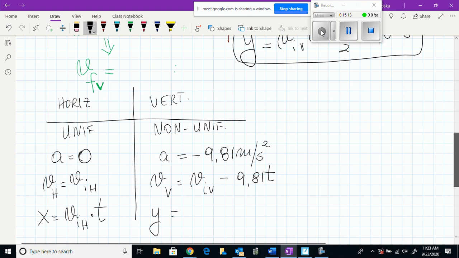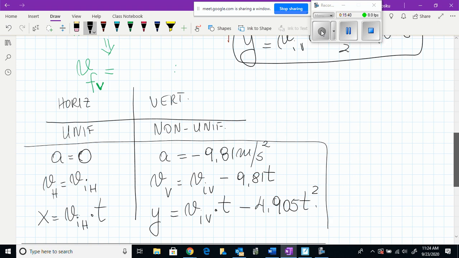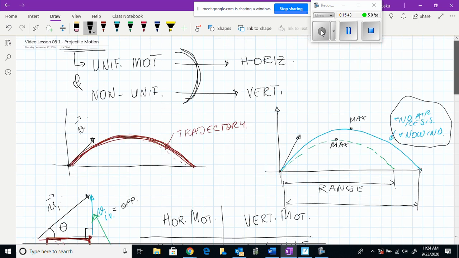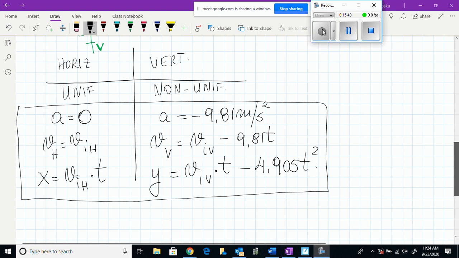And in the vertical direction, knowing the initial velocity, it will be v_iv times t minus 1/2 times 9.81, which is 4.905 t squared. Those are the 6 equations that we will use to solve any projectile motion that we have.